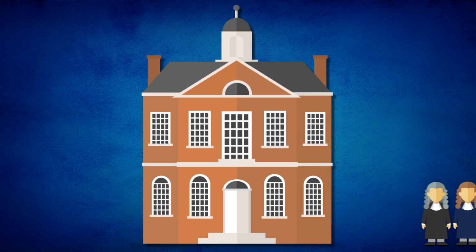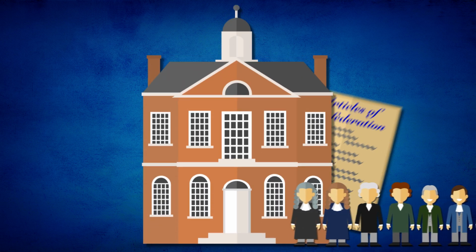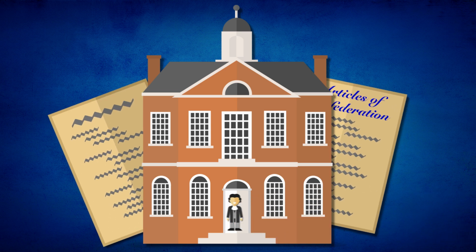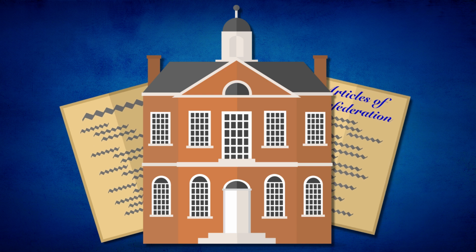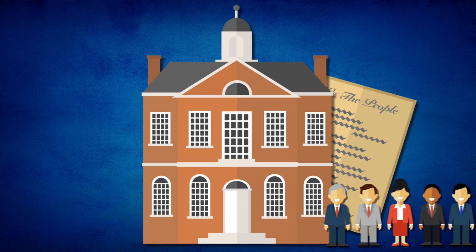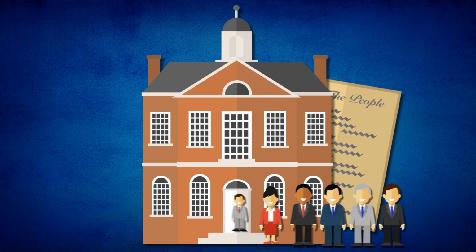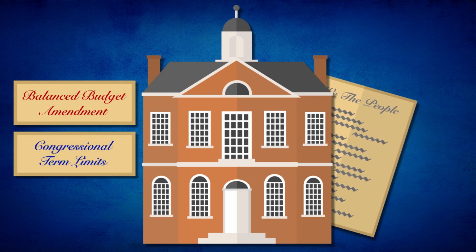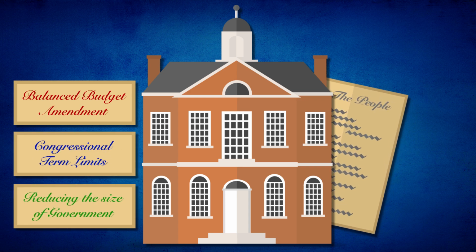So, when considering that the delegates were sent to Philadelphia for the sole and express purpose of only proposing amendments to the Articles of Confederation, what does that mean for any future convention that is likewise limited for the sole and express purpose of only proposing a balanced budget amendment, congressional term limits, or reducing the size and scope of the federal government?